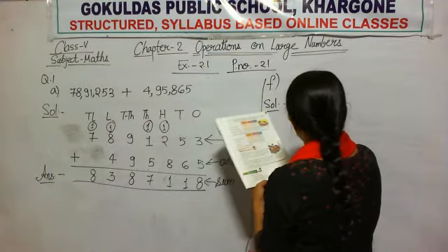The first addend is 65,41,854. The next addend is 9,58,421, and the third addend, here 3 addends are given, is 4,52,144.